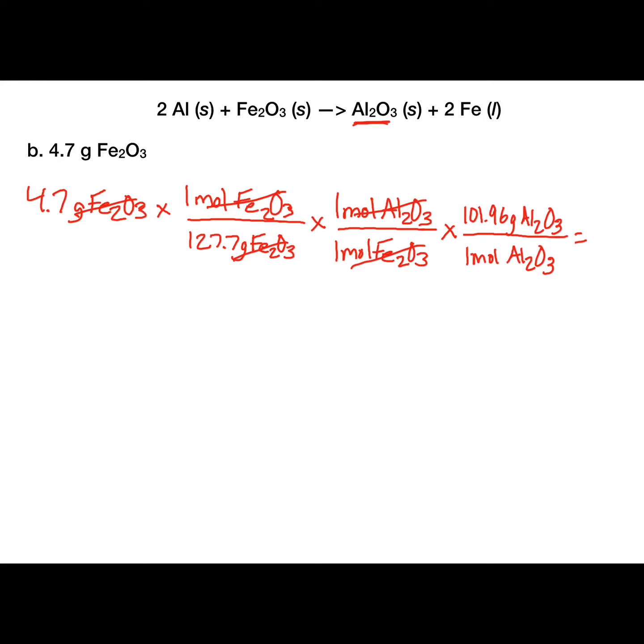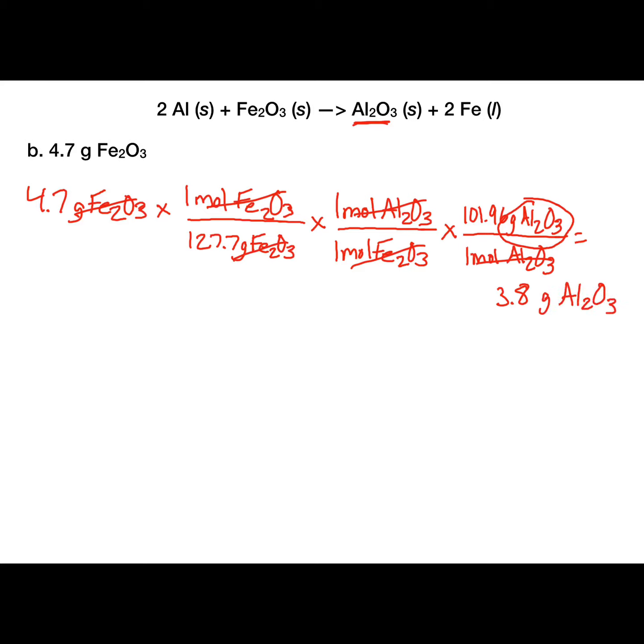Okay, our moles cancels out, and we are left with our grams of aluminum oxide. So we plug this into our calculator. 4.7 times 101.96 divided by 127.7 is equal to 3.8 grams of our aluminum oxide.